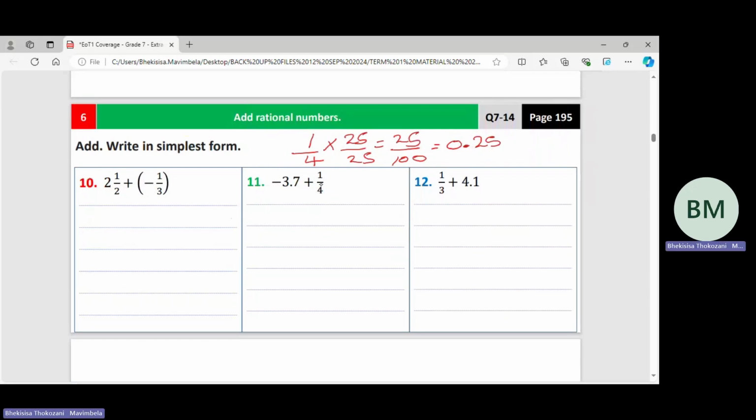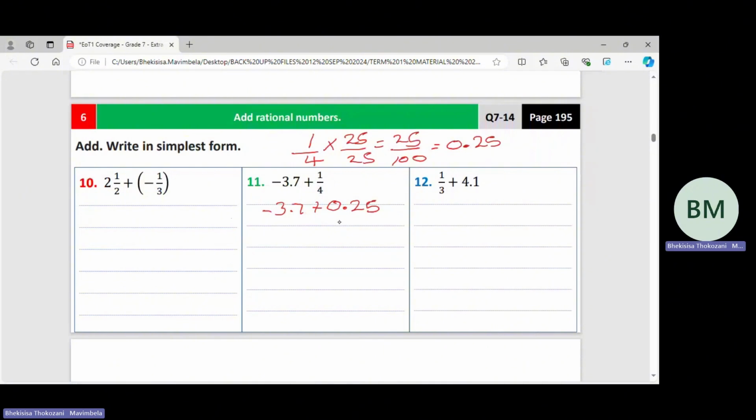Now, since we know that 1/4 is 0.25, we can just simply say minus 3.7 plus 0.25. Okay, so once you have this, you can now just use the rules. All right, what rules I'm talking about? The rules that I showed you before, because there's a plus sign.